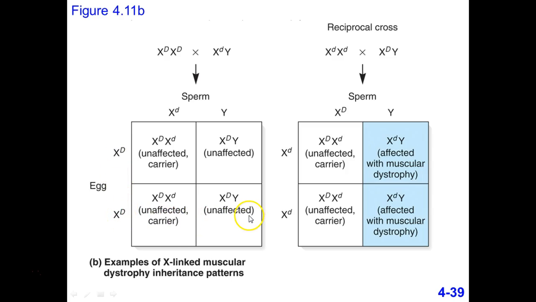But all the girls end up being carriers, because of dad, because the only X he had had it. Here, mom has it, like we said, a defective copy, but dad doesn't. So all the girls become carriers because of mom giving the defective copy to them. All the boys have it because the only copy they got from mom was defective. That's all she had to give.